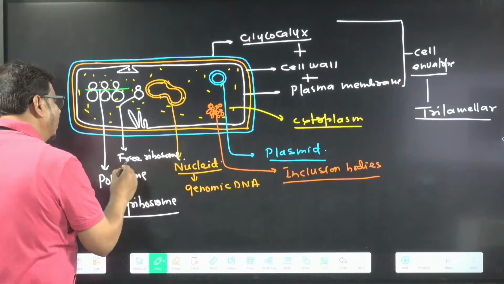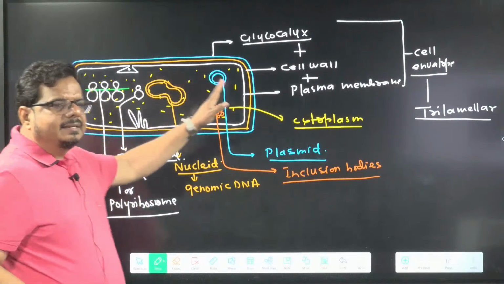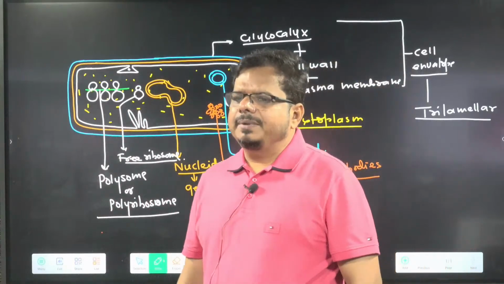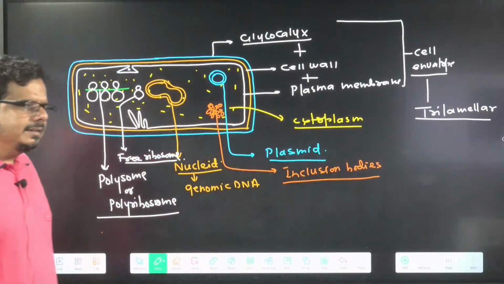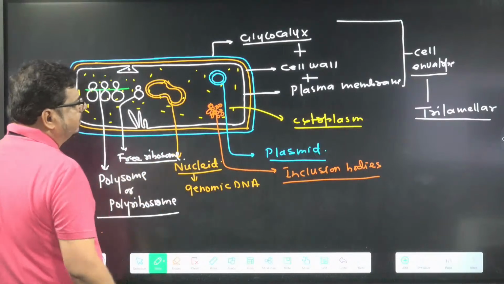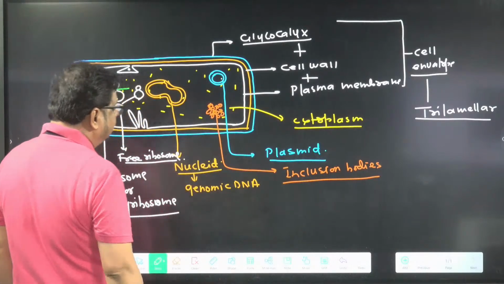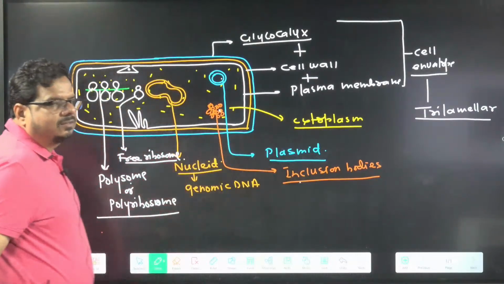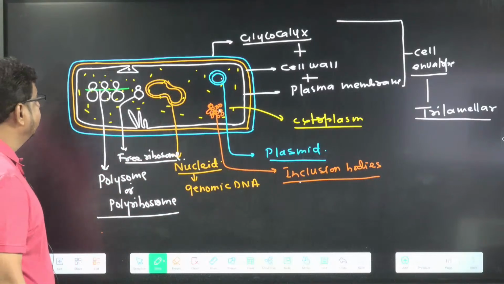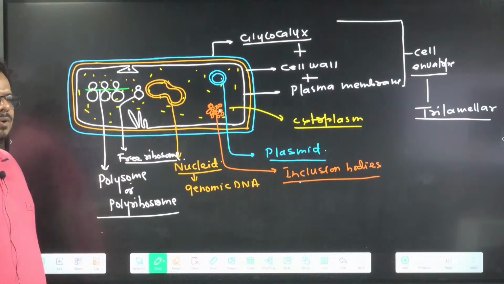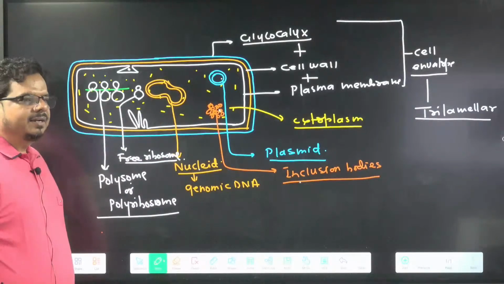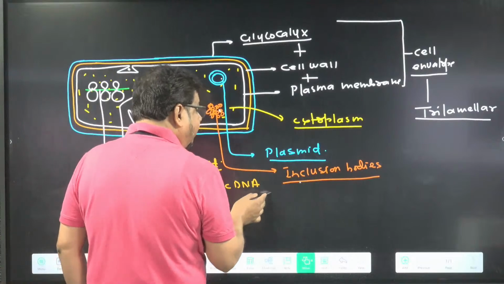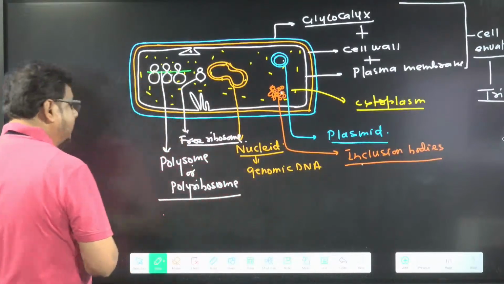So I hope you got the idea what is present inside the cytoplasm of a prokaryotic cell. You have to say nucleoid is present, plasmid may be present, polyribosome is present, inclusion bodies are present. These are the structures present inside the cytoplasm of the prokaryotic cell.